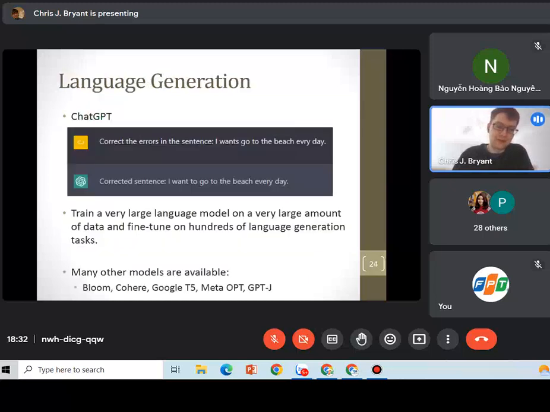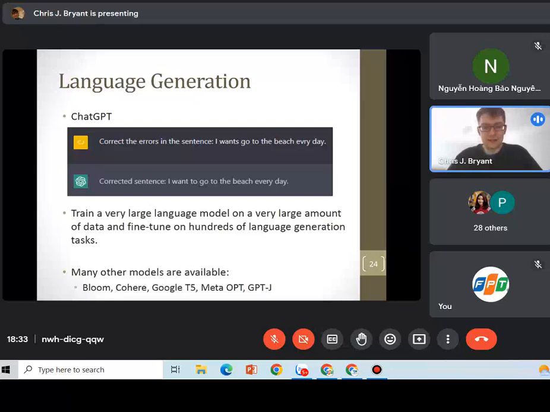Now, I'm sure everyone knows a little bit about ChatGPT, so language generation is the latest approach to error correction that is slowly coming out. Broadly, it works by training a very large language model on a very large amount of data and then fine tuning on lots of natural language generation tasks. So this is huge.